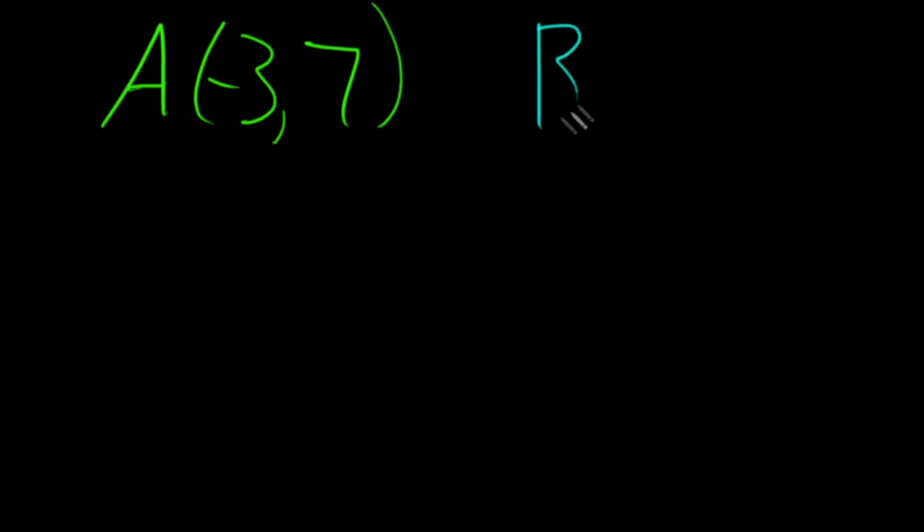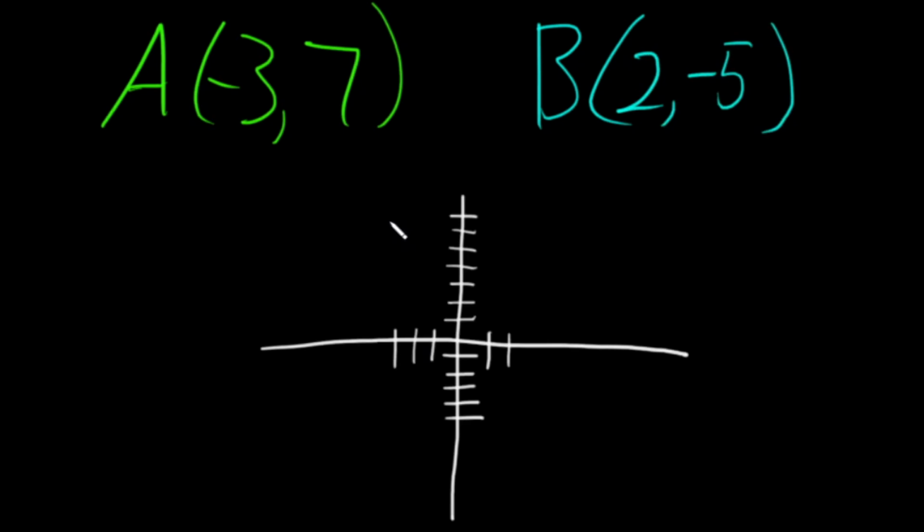Let's say point A is at (-3, 7), and B is at (2, -5). Point A is at (-3, 7) up here, and B is at (2, -5). Remember, the idea is to think of the line segment connecting A and B as the hypotenuse of a right triangle that we're going to create.